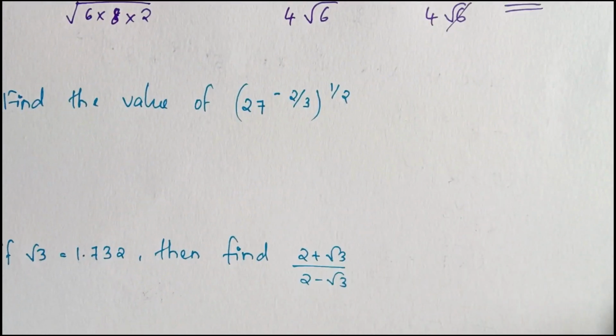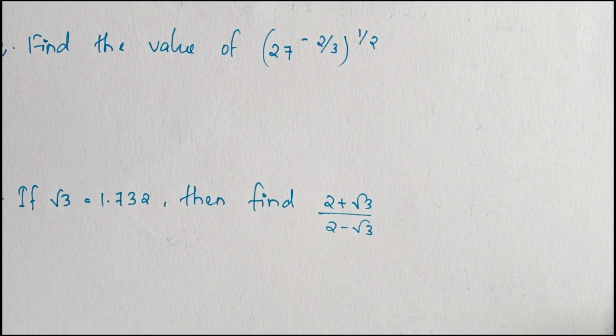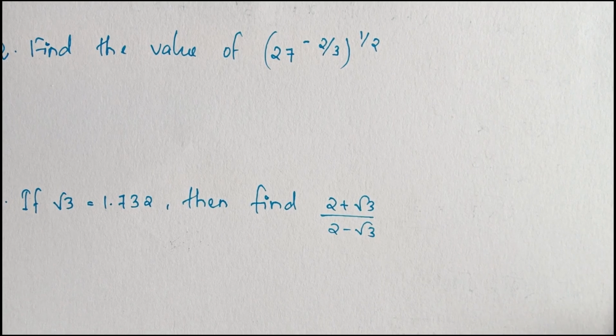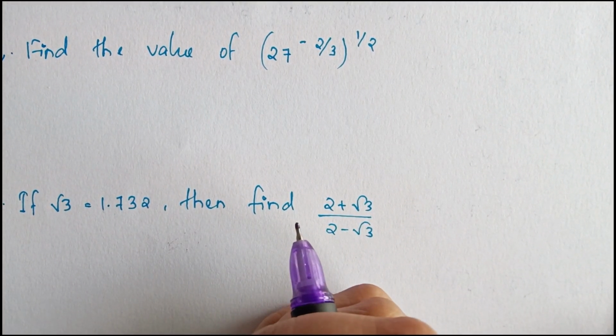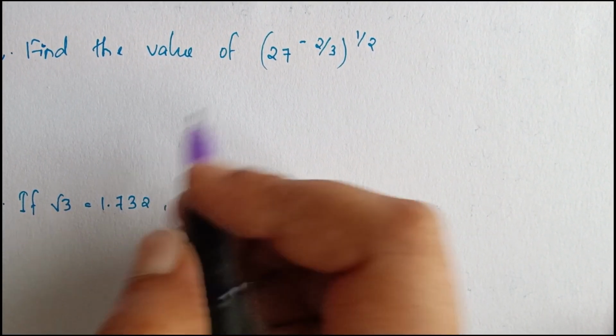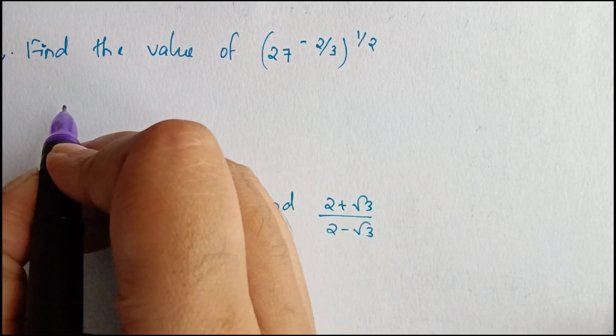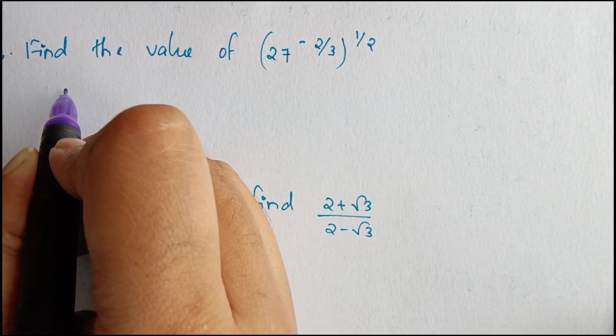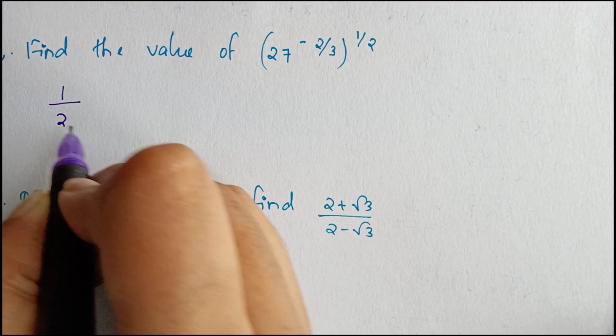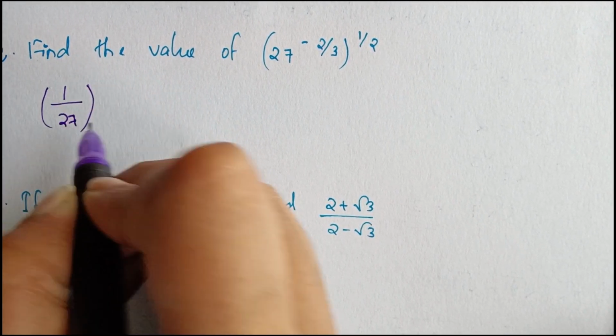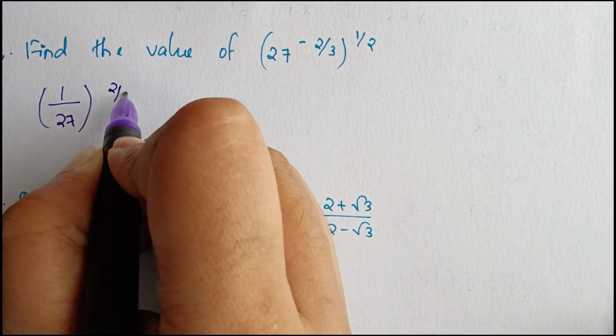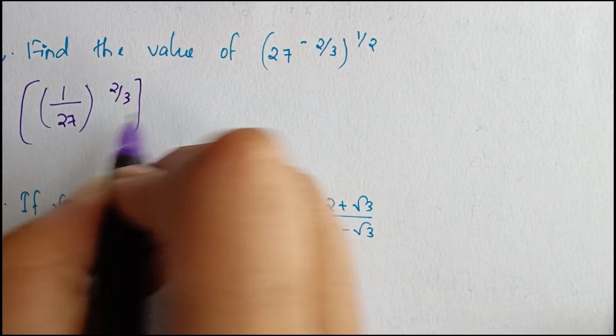Next question. Find the value of 27 raised to minus 2 by 3 whole raised to 1 by 2. So in order to remove the negative sign of the power, we will take the reciprocal. So 1 by 27 the whole raised to 2 by 3 the whole raised to 1 by 2.